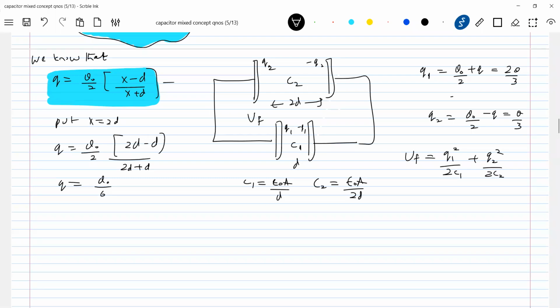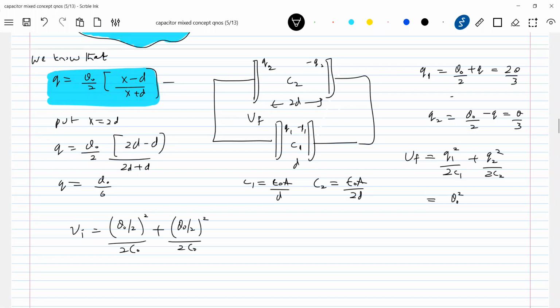Substituting all the values, so this should be equal to, anybody, I think you should give the value. Then initial energy should be equal to (Q naught by 2) whole square by 2C naught. So the value will be Q naught square D by 3A epsilon naught.